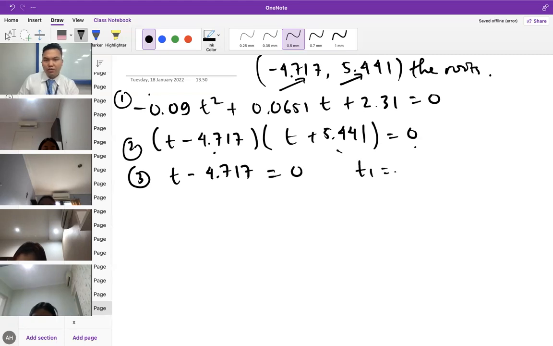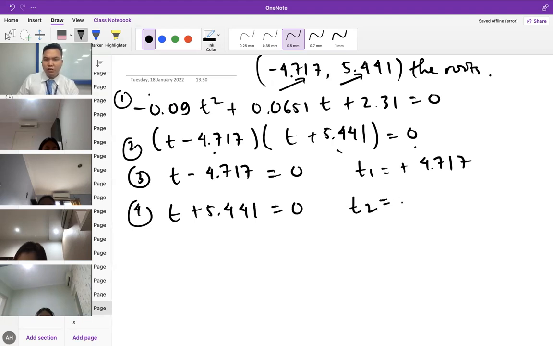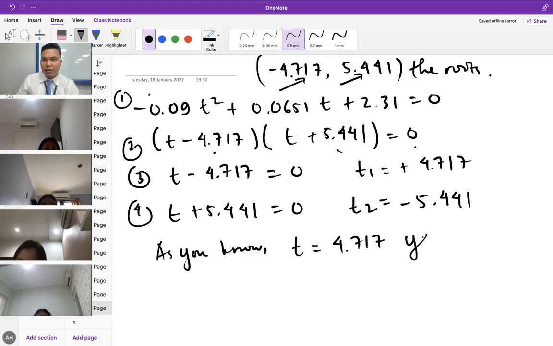Therefore, your T1 is equal to positive 4.717. And the other one is t plus 5.441 equal to 0. Therefore, your T2 is equal to minus 5.441. And as you know, in terms of timing, time doesn't recognize the idea of minus. Therefore, the answer must be the positive one, or 4.717 years.